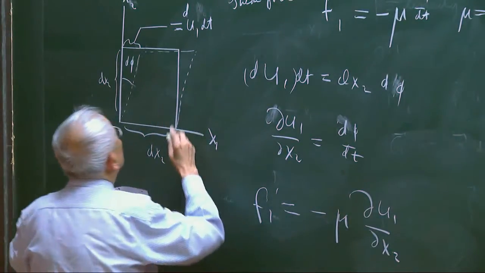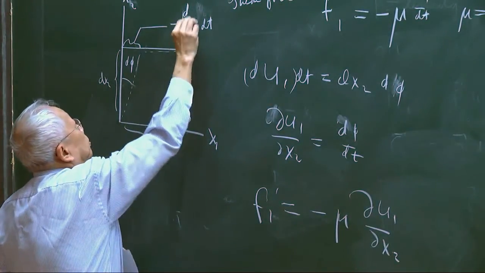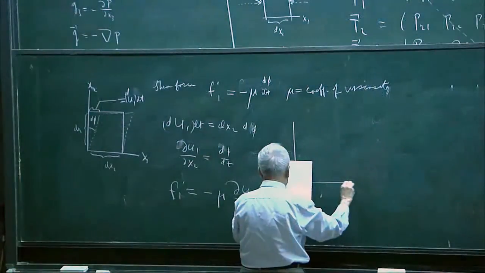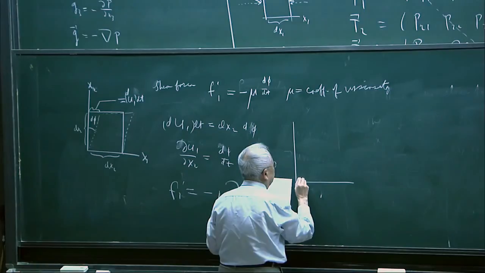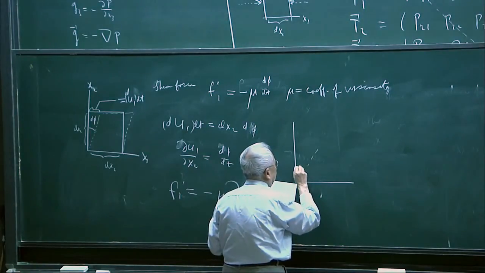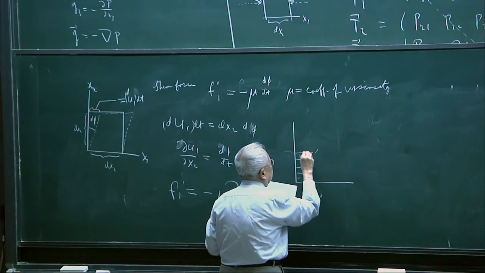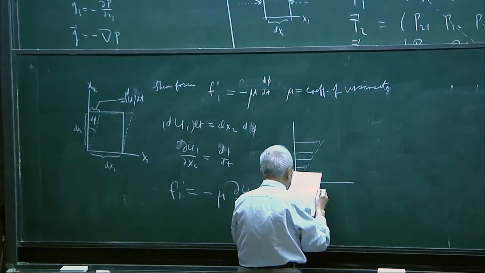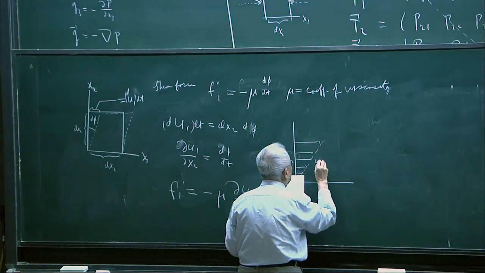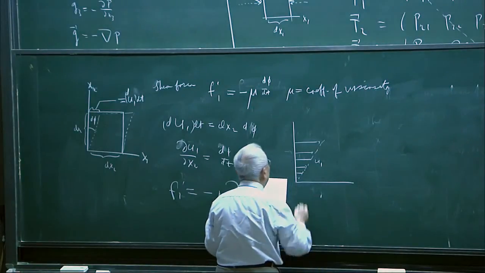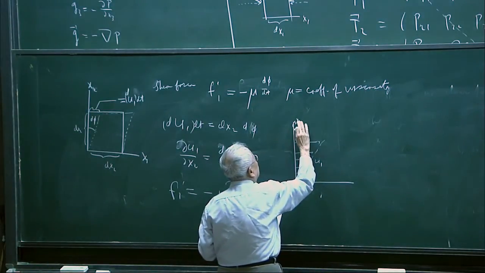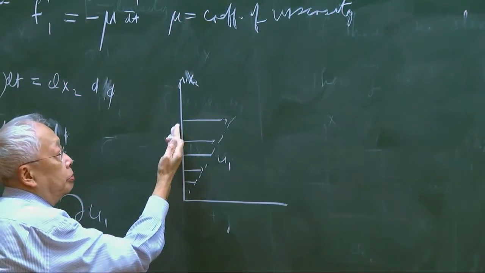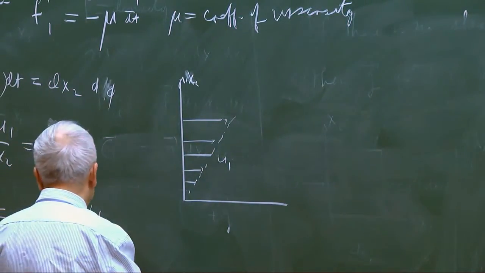So this is part of a more familiar definition. Let me draw another picture. You have this phase that has a velocity, and it goes like this, and this velocity is u1, and this is x2. u1 changes from 0 to a certain value along x2. That's why I have du1 dx2.